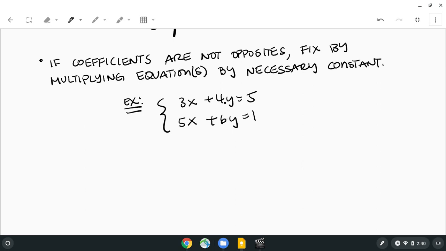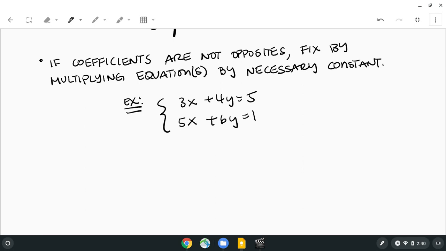So what I have to do is figure out, well, what multiple of 4 and 6 can I turn these into? So you have to look for a common multiple. So a number that is divisible by both 4 and 6 is 12 or 24, right? You can use any number that's a multiple of 4 and 6.